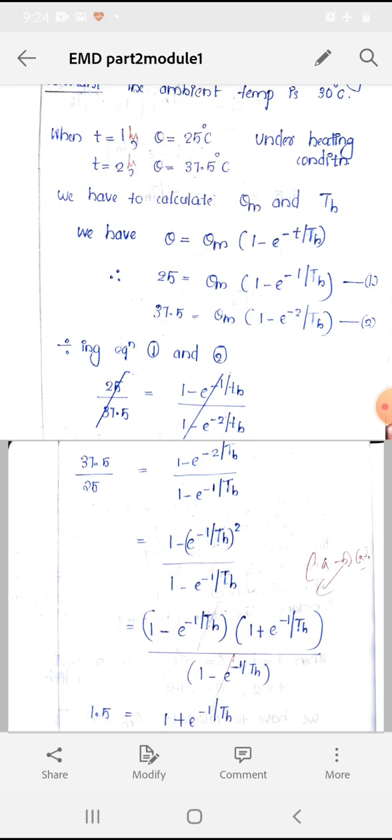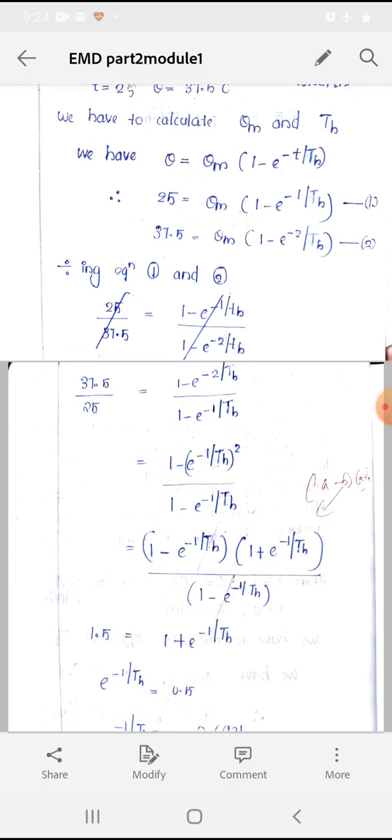So 1 minus e raised to minus 1 by Th, the whole square, can be represented as a squared minus b squared, which is a minus b into a plus b: 1 minus e raised to minus 1 by Th into 1 plus e raised to minus 1 by Th. The denominator and numerator terms get cancelled.